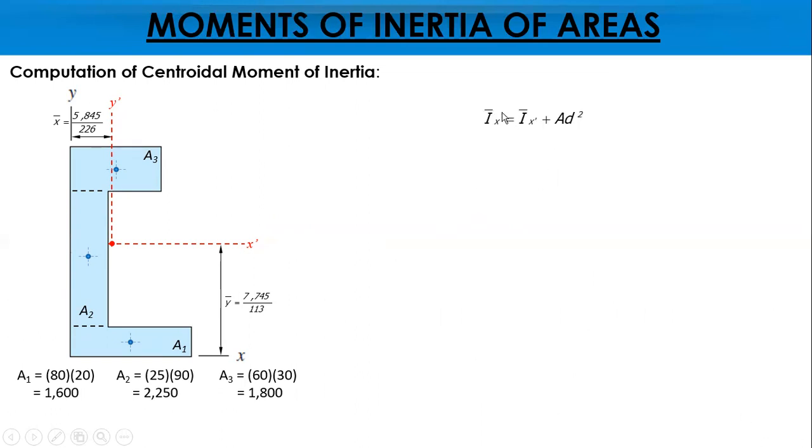So, using the parallel axis theorem, these are the unknowns. This one we solved in the previous slide, with respect to the axis and then centroidal. Now, our whole area is 5,650.